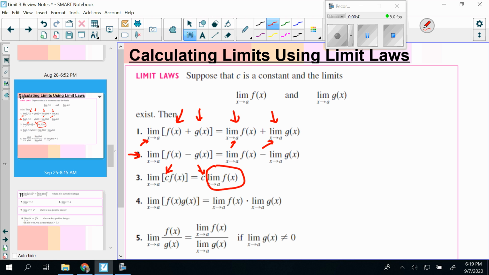Multiplying and dividing, if you have a limit approaching something, just like adding and subtracting, you can split that limit up into two limits, still approaching that same value in each one, and that answer should come out to be the same answer as before. And division, same thing. The one thing we've got to remember with division, the property works as long as that limit in the denominator does not end up equaling 0, otherwise we've got division by 0.